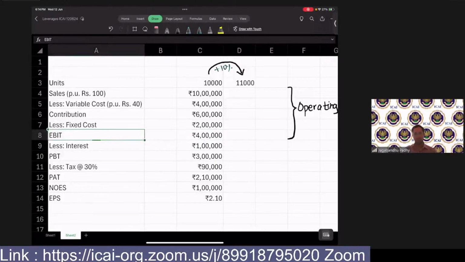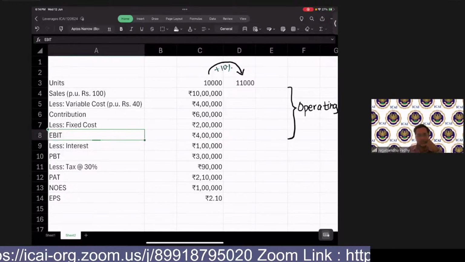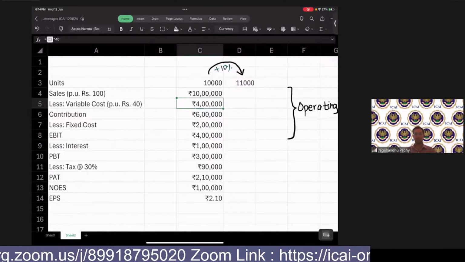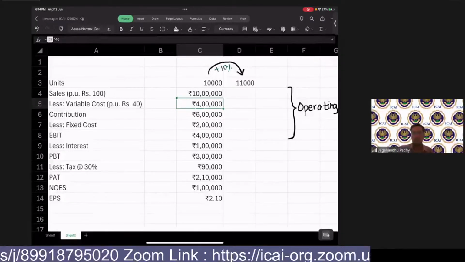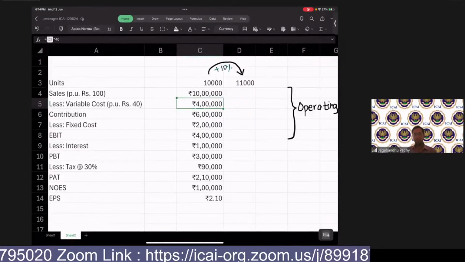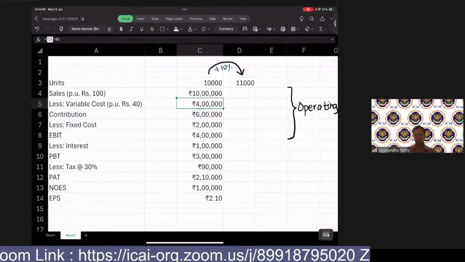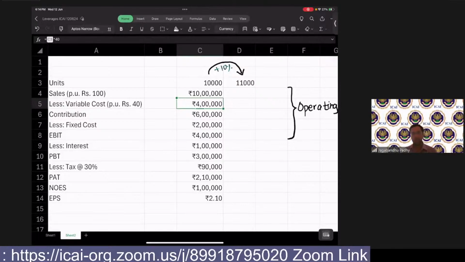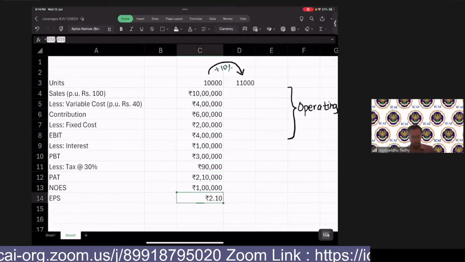I just want you guys to calculate the numbers. Just keep on adding the numbers, guys, and when you complete this entire column, give me the final EPS figure.